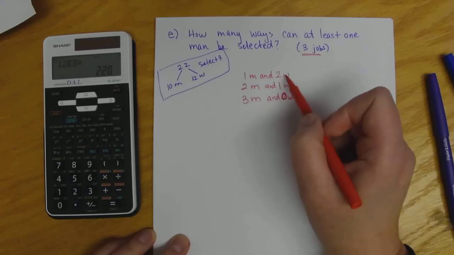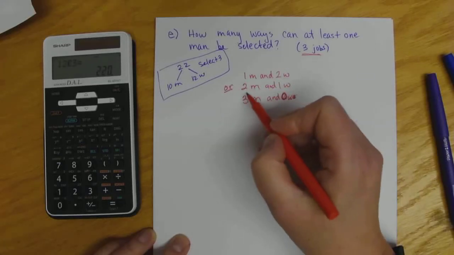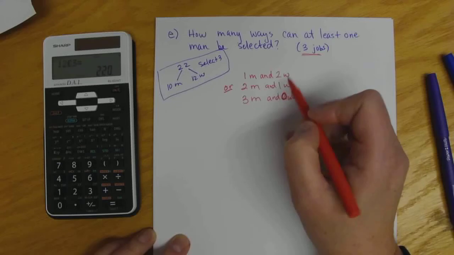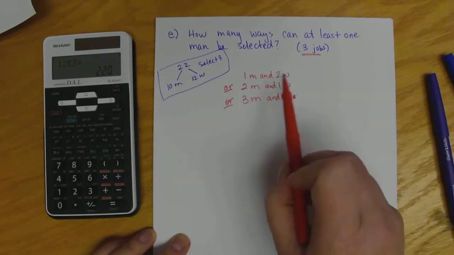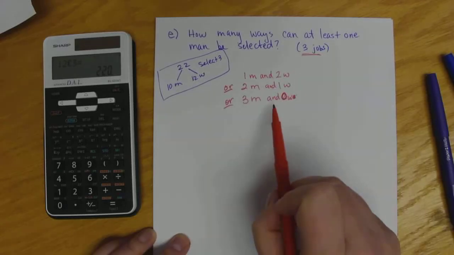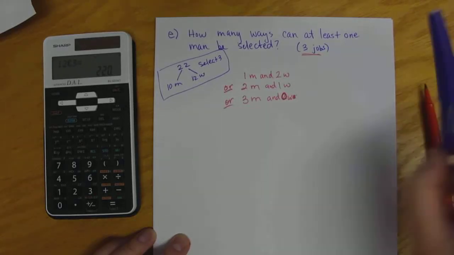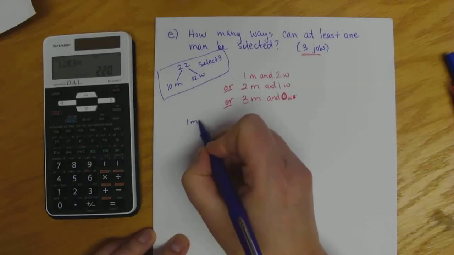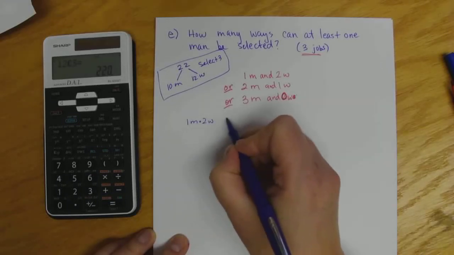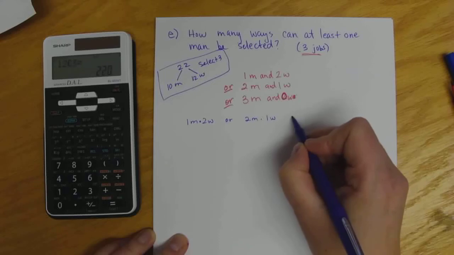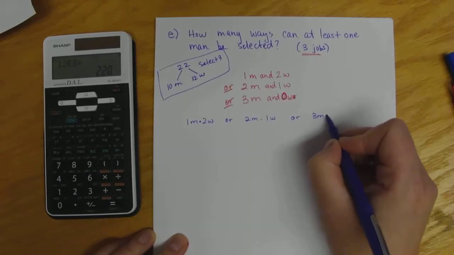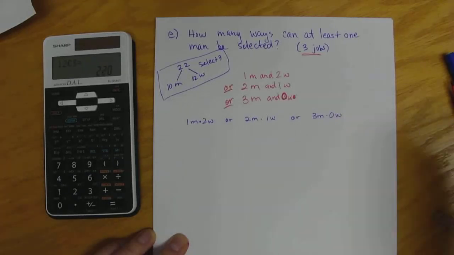So it would be this or 2 men and 1 woman, or 3 men and 0 women. Each of these would have a multiply in them because of the and, then we're going to add them up.